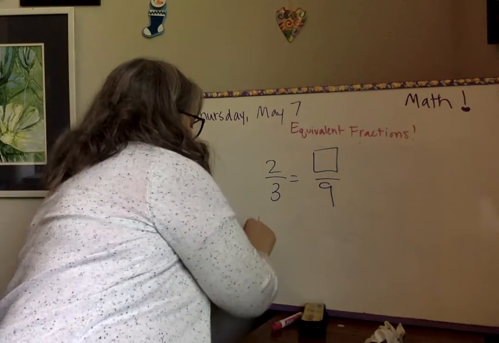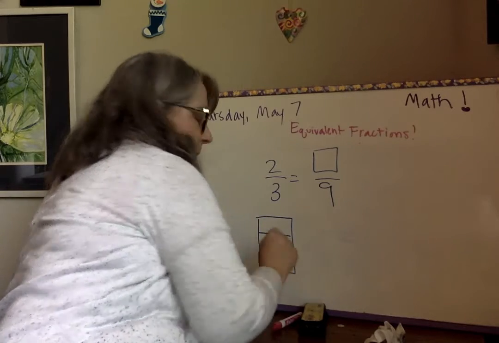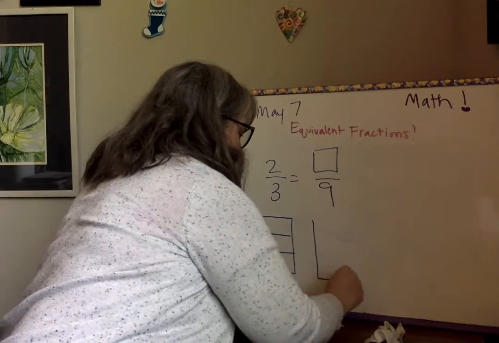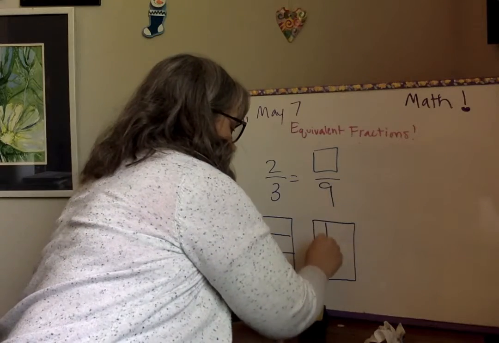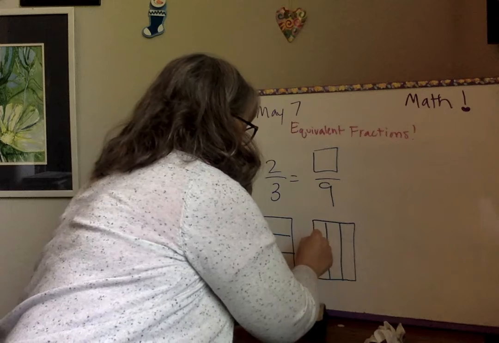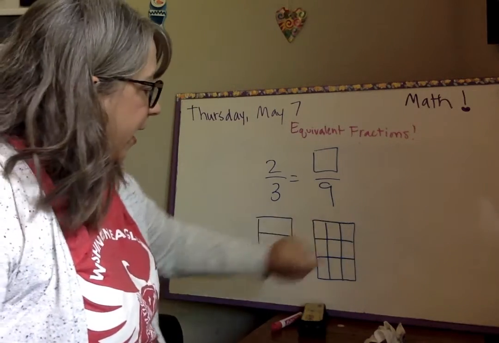All right, so let's draw our boxes. We're just going to draw this into thirds. So here's our 9, 3, 6, 9. 1, 2, 3.